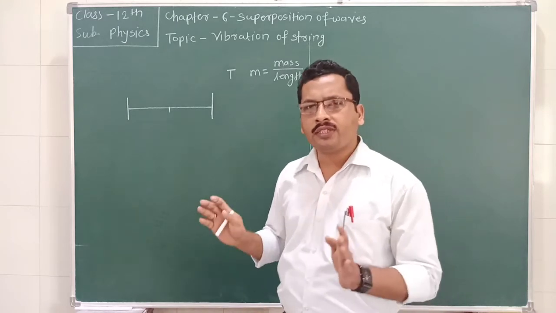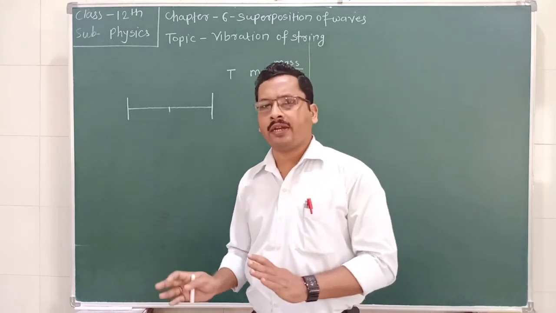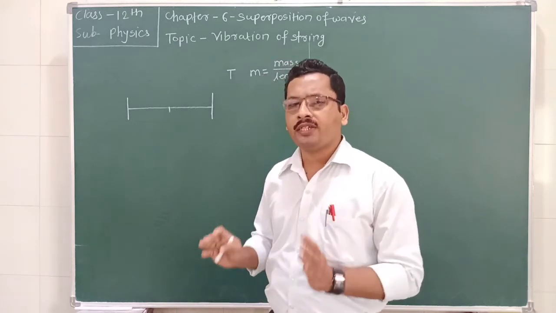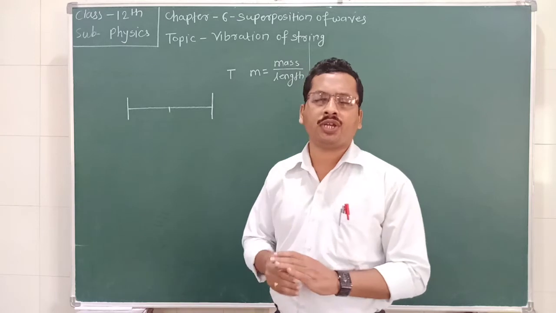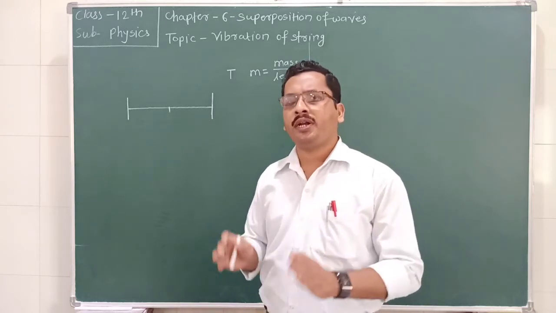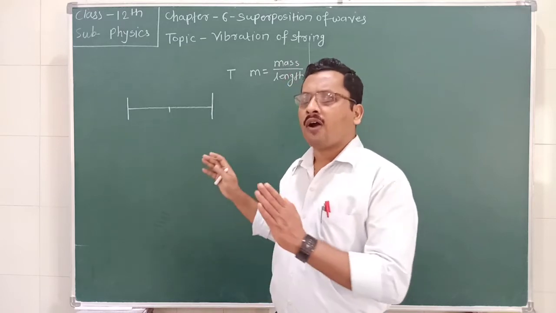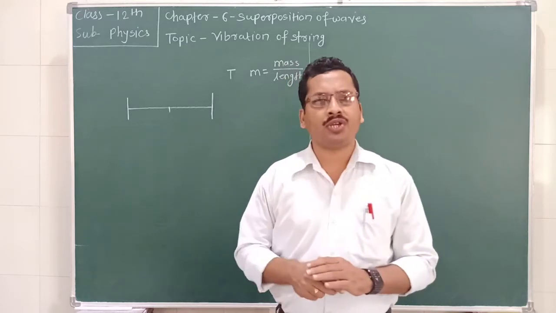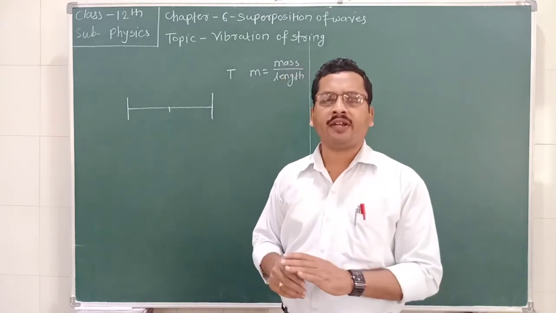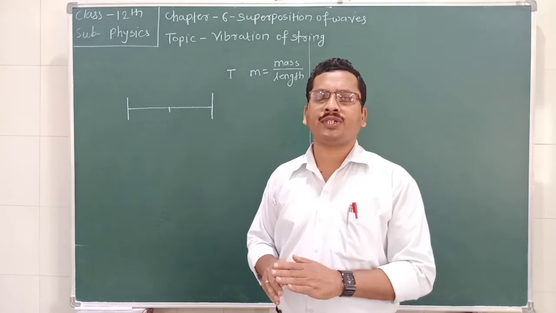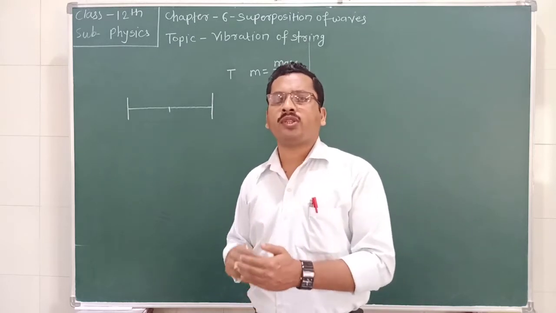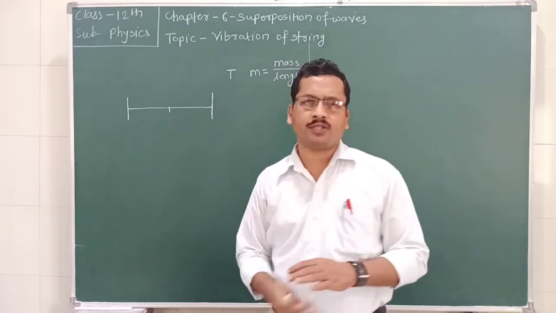Then the incident wave and reflected wave interfere with each other, and there is a formation of stationary waves. Now, the modes of vibration depend upon how we pluck the string. If it is plucked at one place at the center, there is the first mode of vibration, and so on. We can produce the second mode and third mode of vibration of the string.